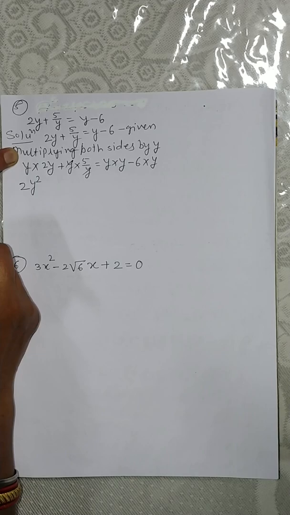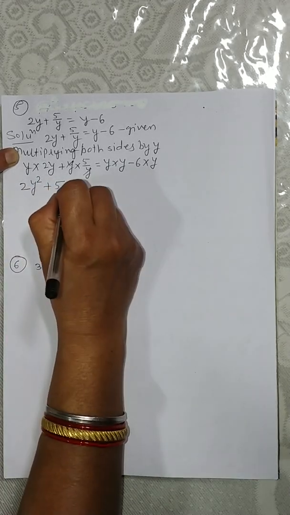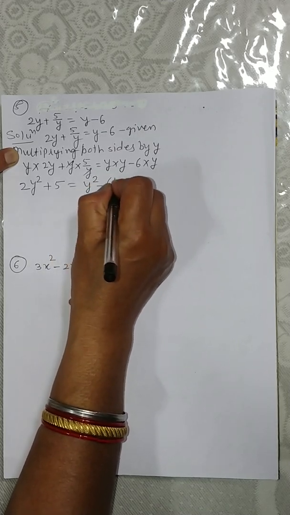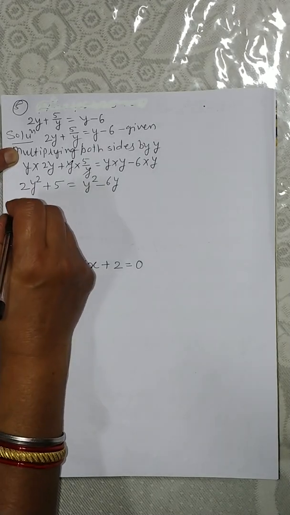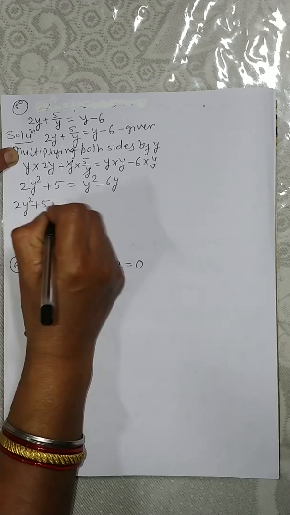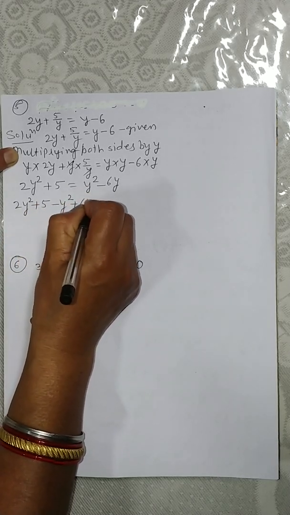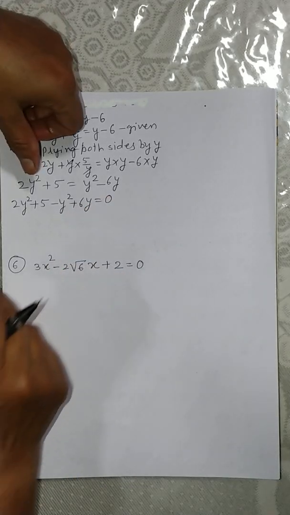Here this y cancels. So it is plus 5 is equal to y into y is y square minus 6y. Now we have to transfer both the terms to this side. So it is 2y square plus 5 minus y square plus 6y equal to 0.